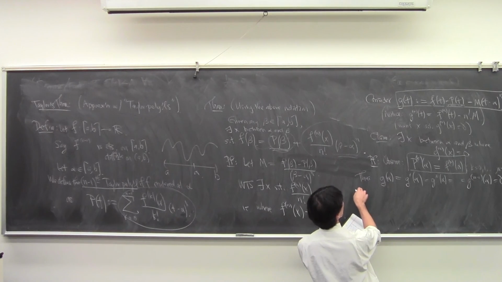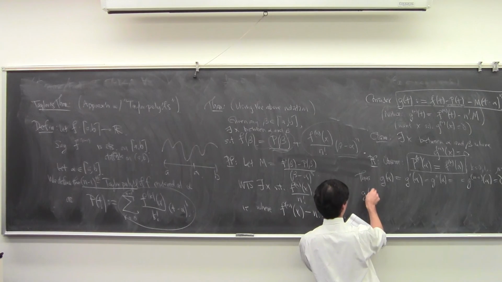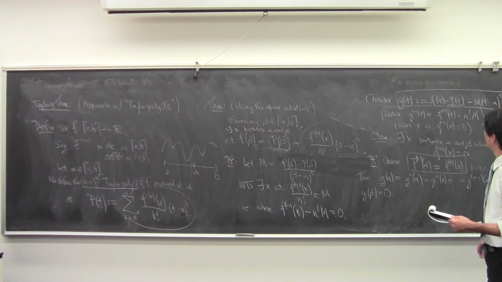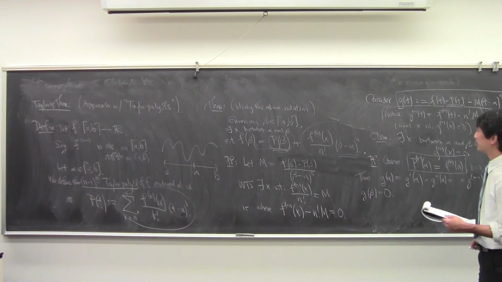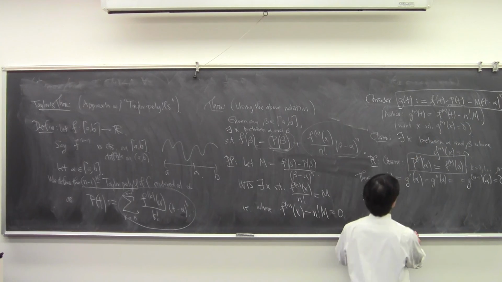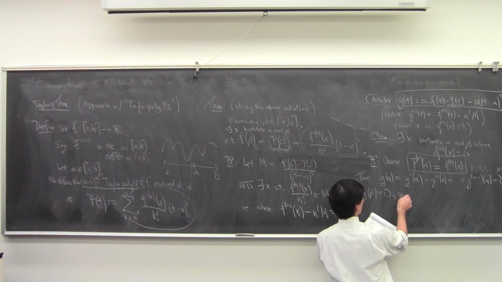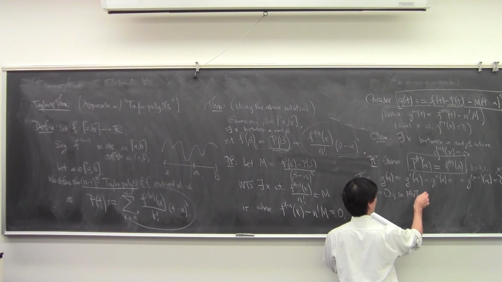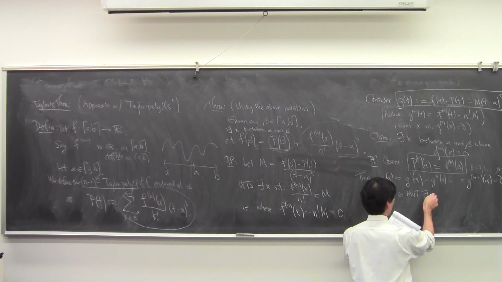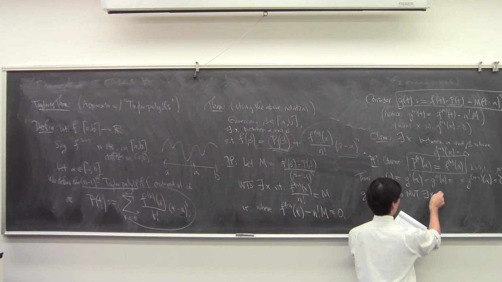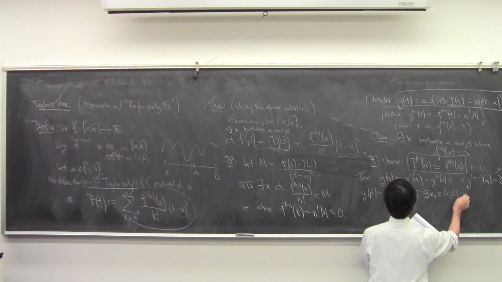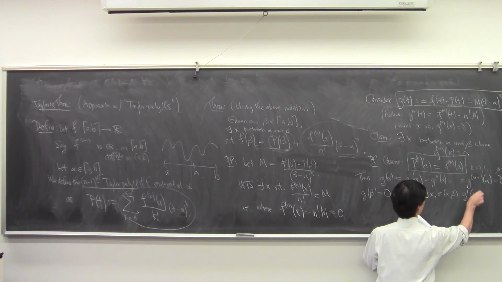Okay. So now g of beta is 0. g of beta is 0. So by the mean value theorem, there exists some point between alpha and beta where g prime(x1) is equal to 0.